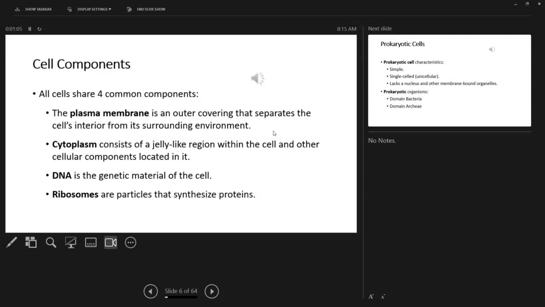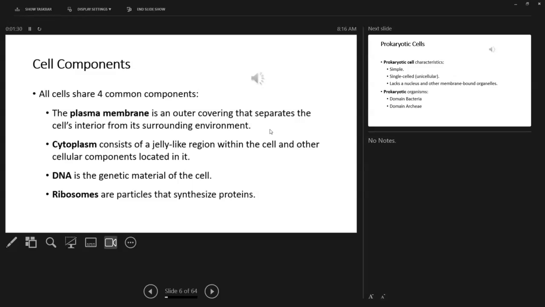I forget what the book we're using now says, but every cell has DNA or chromosomes, and an exception to that is human red blood cells, which don't have chromosomes. And ribosomes.